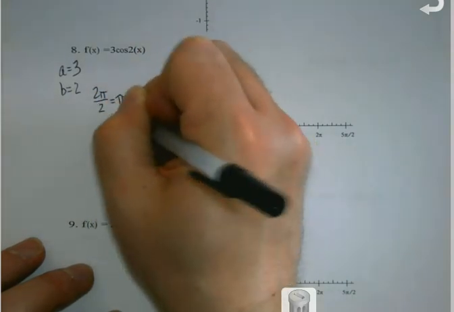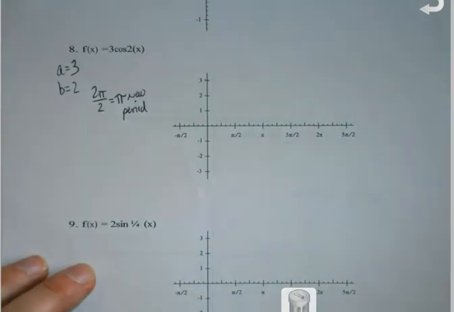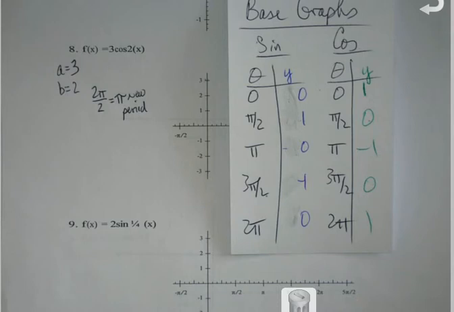So my new period is pi, which again just tells me I'm going to take all of my typical base graph measures and I'm going to cut them in half. So when I'm looking, I'd be looking at 0, pi over 4, pi over 2, 3 pi over 4, and pi. Because again, you can either think of it as dividing by 2 or multiplying by a half.